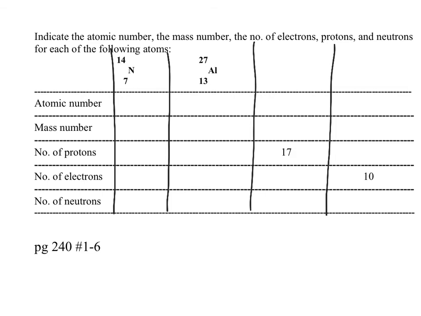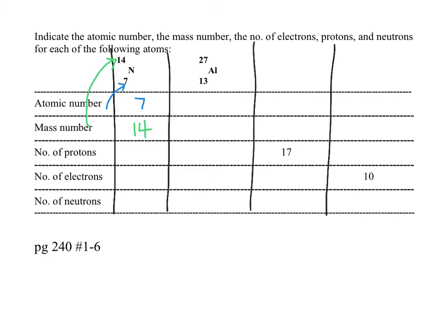The atomic number, remember, is the number that we find at the bottom. So for nitrogen, the atomic number is 7. And remembering that the mass number is the number that's at the top for standard atomic notation, that number for nitrogen is 14.